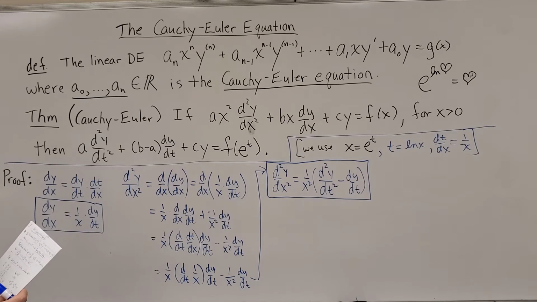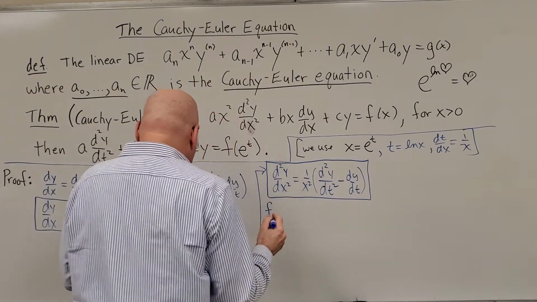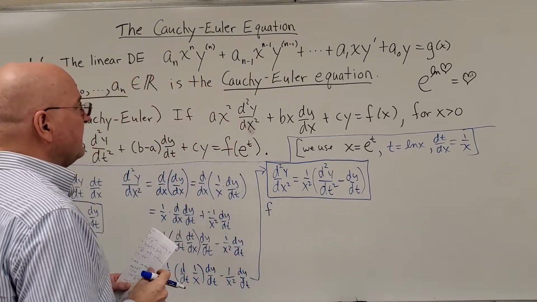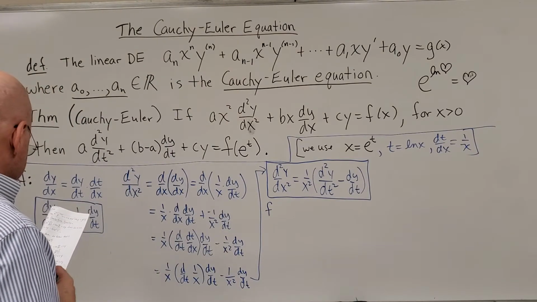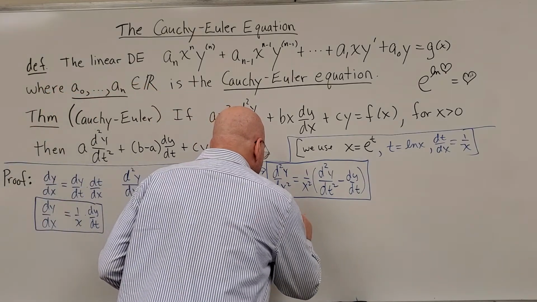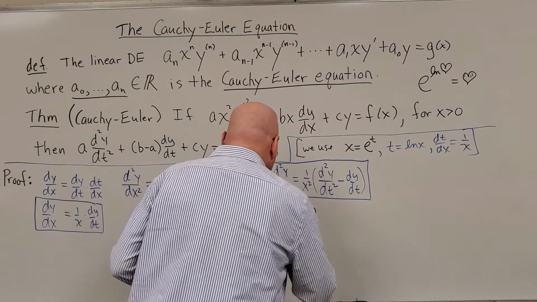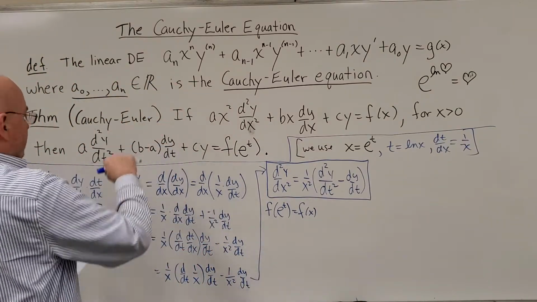All right, I'm running out of room. I'm going to start right here. F of, well, x is equal to e to the t. So I'm going to put f of e to the t equals f of x, and then I'm going to write what we know f of x to be.